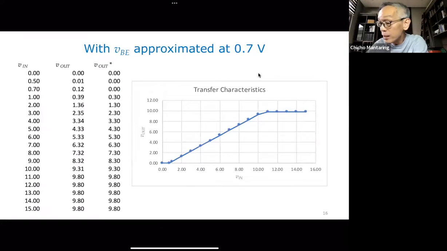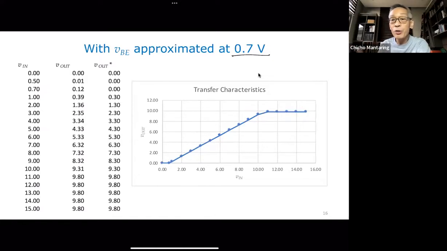This is using the exponential model. This is using the simplified model where in conduction VBE is equal to 0.7. Take note that my curve looks practically the same, and my gain is also equal to 1.